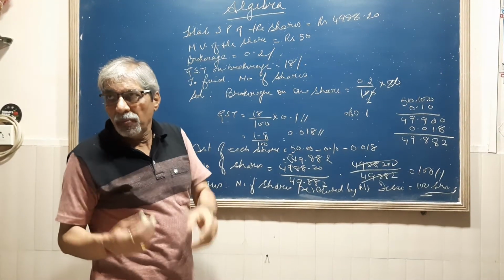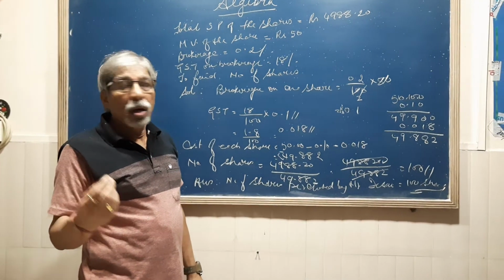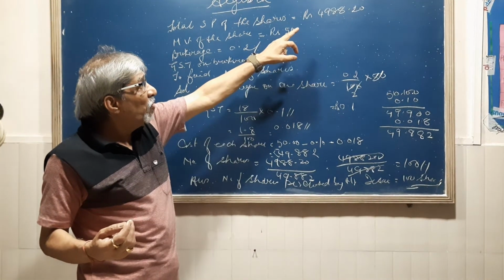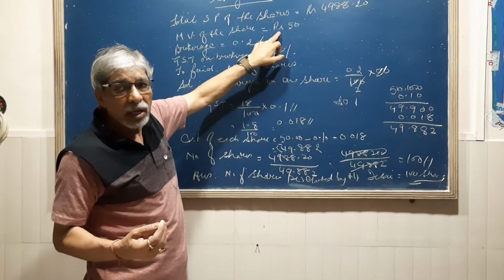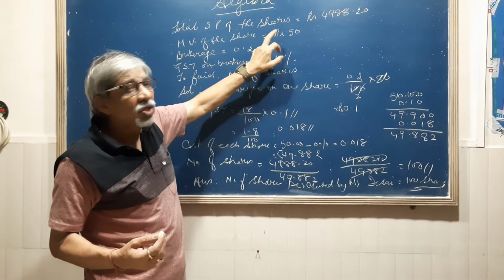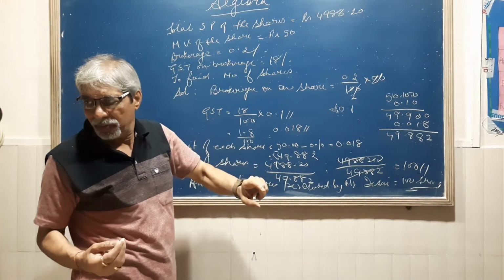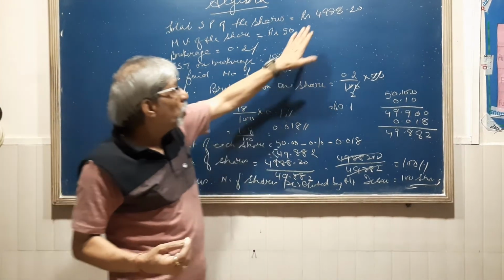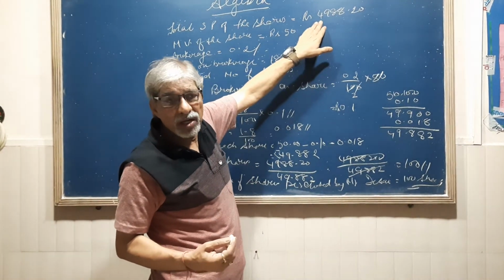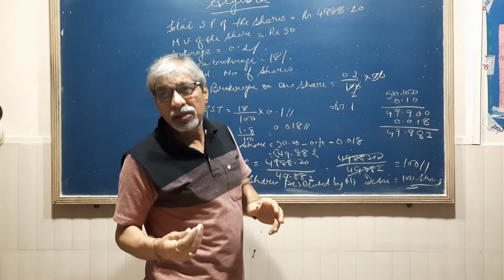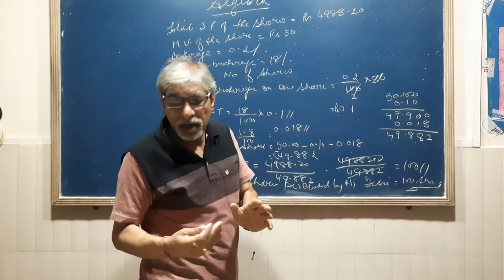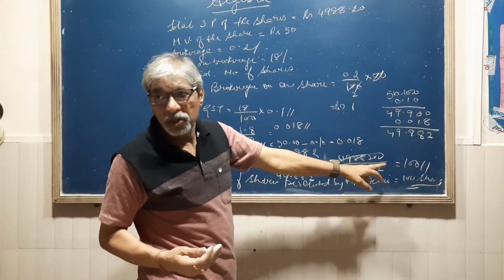To calculate the selling price of each share, total amount divided by the selling price of one share gives the number of shares.